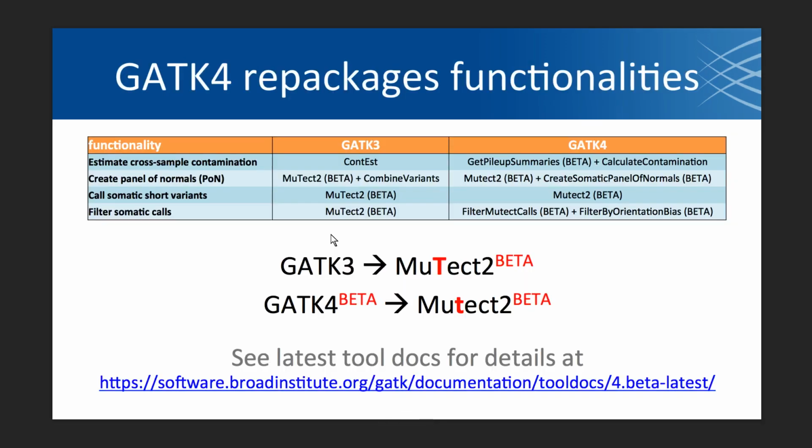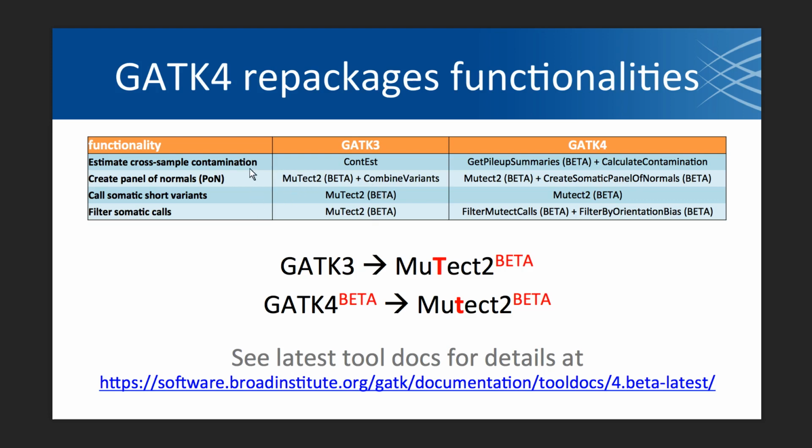So for those of you who are familiar with GATK3, some differences in GATK4 are that we repackage functionalities. Basically, we take functions in GATK3 and we put a different tool name on them, or we break them out into two different tools and call them something different. But the underlying functionalities are pretty much the same. It's just the surface packaging is different.